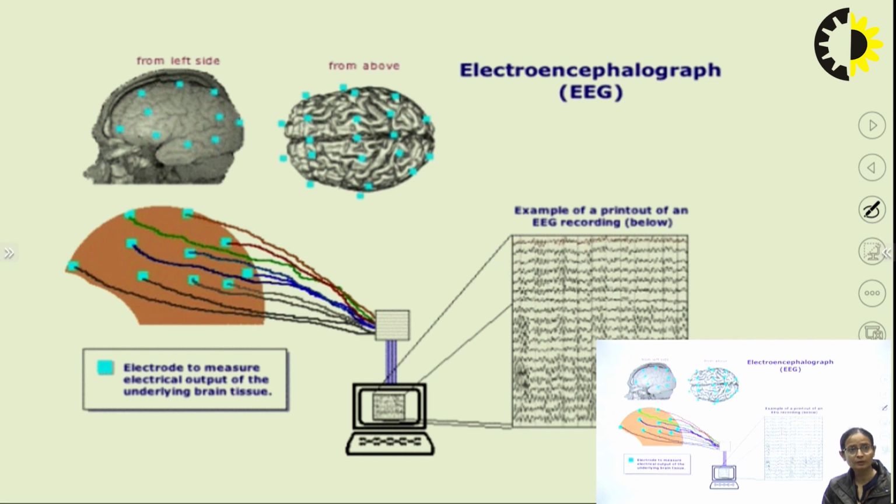So in this figure, if you look, we have multiple electrodes. They are connected to the computer, and your brain is generating certain signals. Now this is the EEG report.